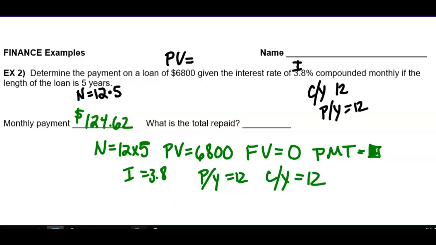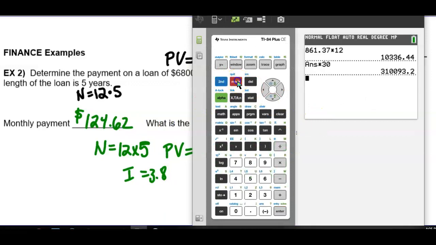But I do want to show you that when you take $124.62, because you borrowed this for a long time, 5 years at monthly payments, oh my goodness, what happened there? 12 times 5 times 124.62. I must have still something sticking here.